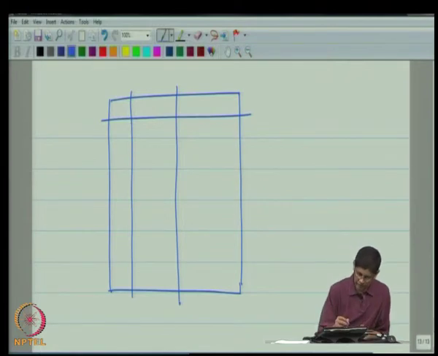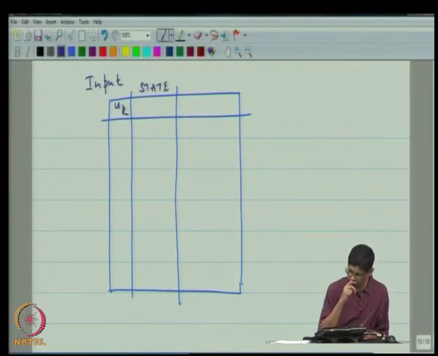Here you have the input, this is your UK, this is what I will call the state of the convolutional code, and this is your output.